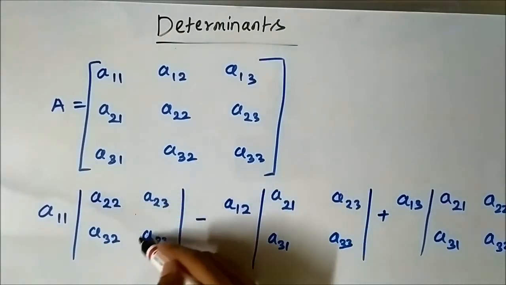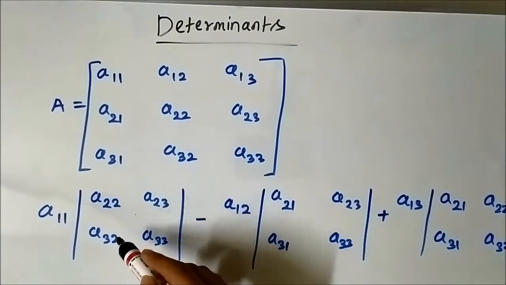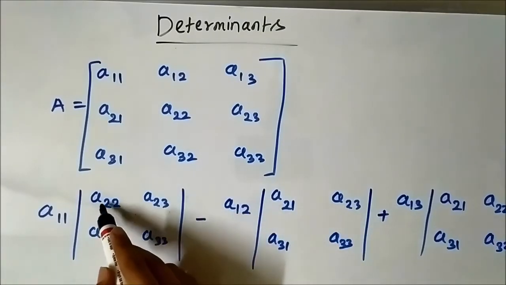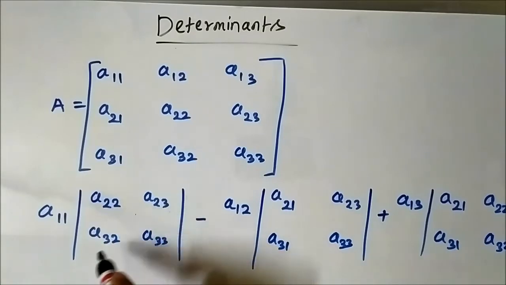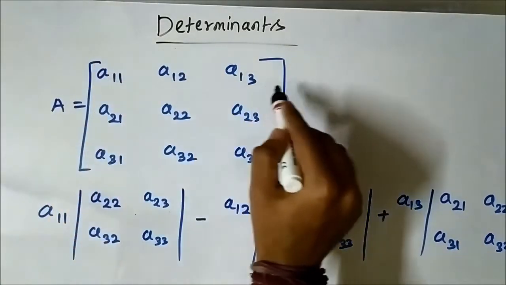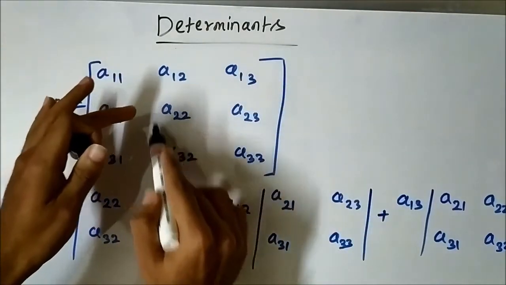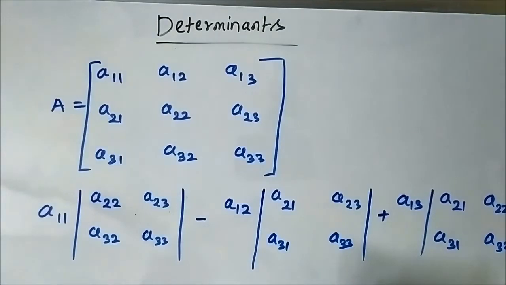Now we will evaluate it in the same way as we do for a second order determinant, that is, we will multiply the principal diagonal elements. For A11, we completely remove the first row and the first column, and we consider the rest as a second order determinant.